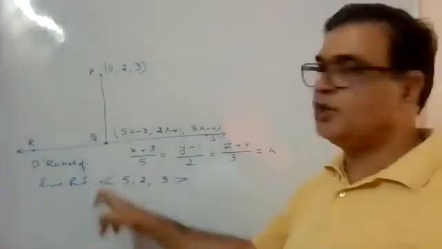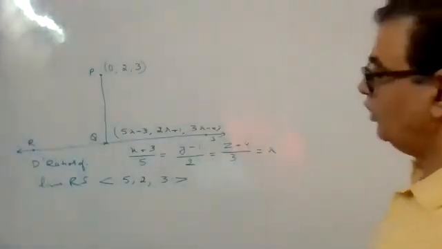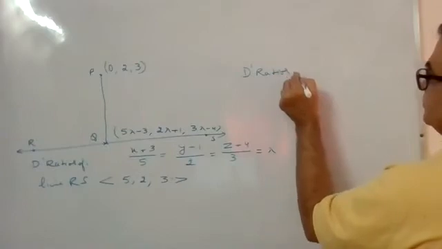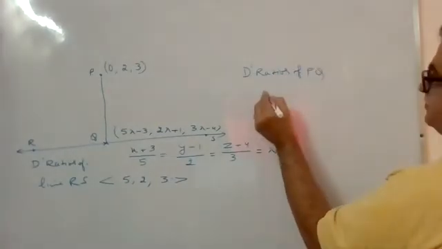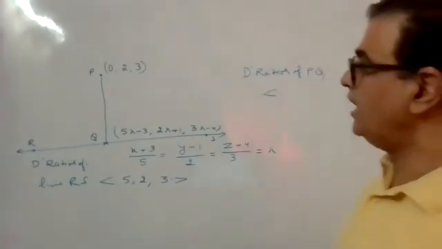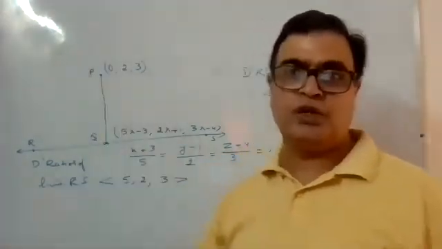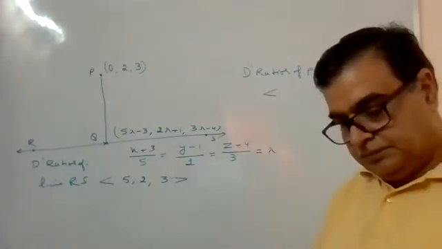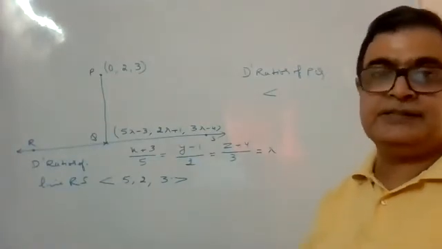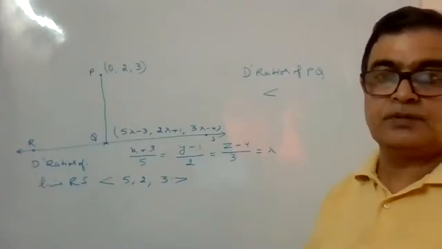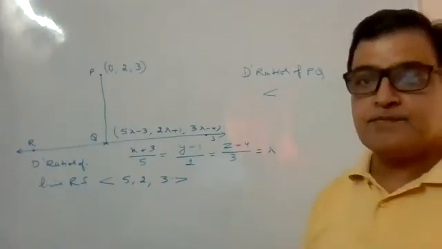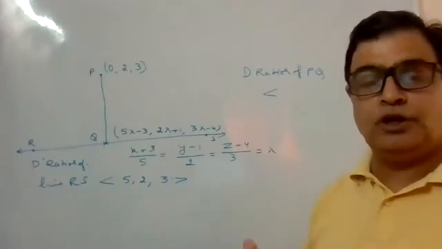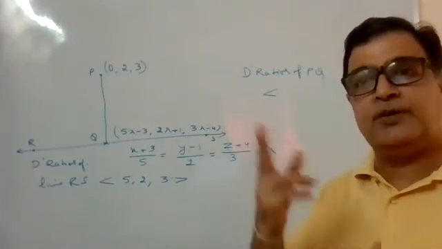Another line is this PQ. What are the direction ratios of PQ? How do you calculate direction ratios of PQ? If you want to calculate direction ratios on a line, there must be 2 points.